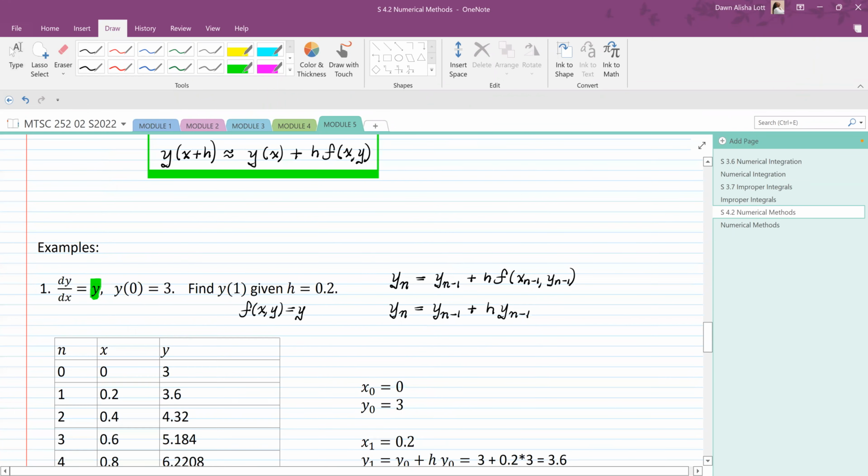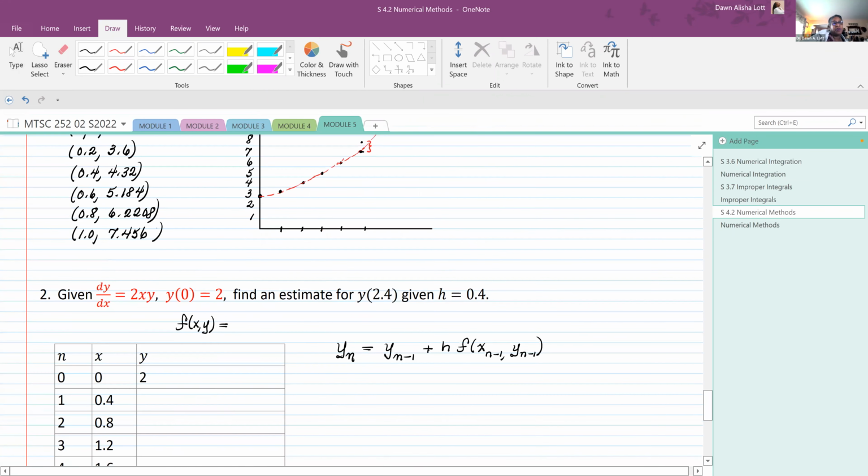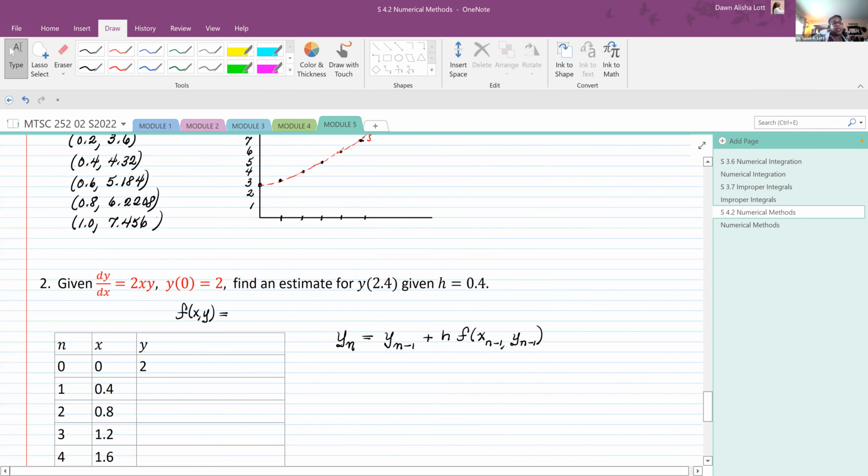Okay, so now tell me what f of xy is in this problem. We're not taking the derivative. We're just saying dy/dx is equal to f of xy. So what does f of xy have to be? 2xy, good. All right, so now I'm going to put that in.